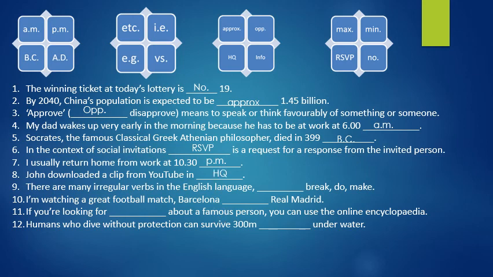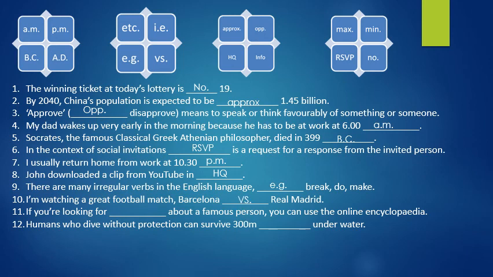John downloaded a clip from YouTube in high quality. There are many irregular verbs in English. Examples: break, do, make. Good. I'm watching a great football match. Barcelona, come on boys, versus Real Madrid.